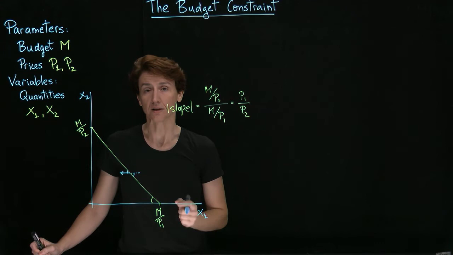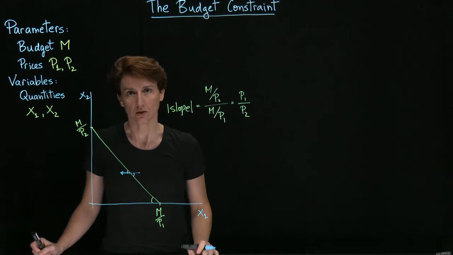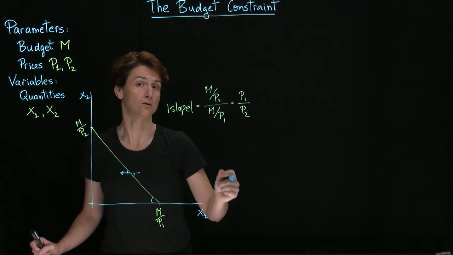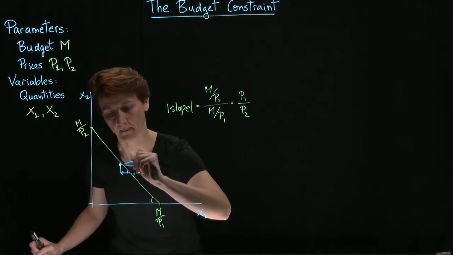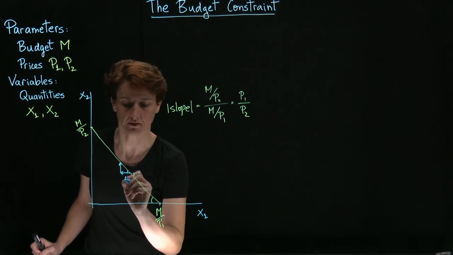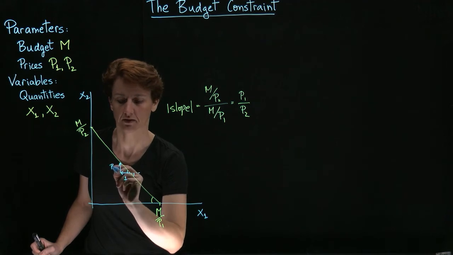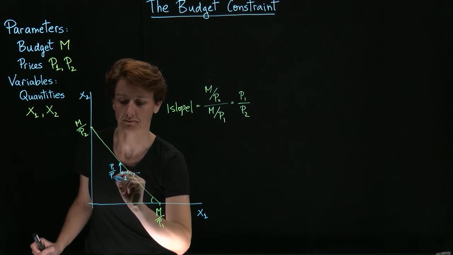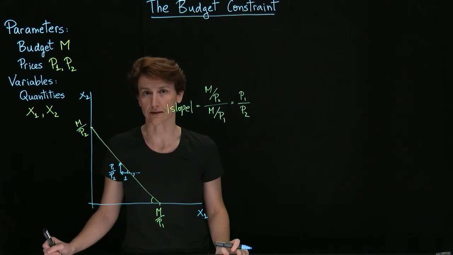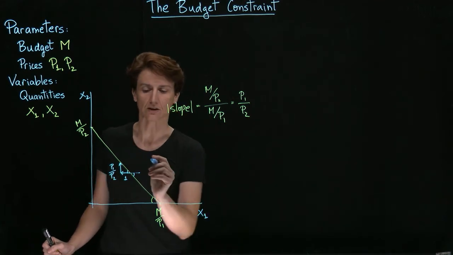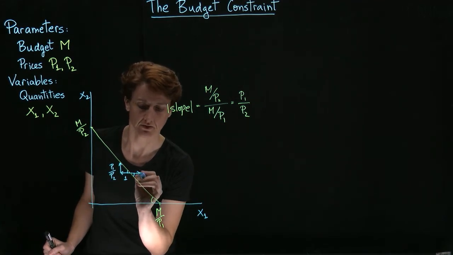Well, that frees up P1 dollars. With P1 dollars, you can purchase P1 over P2 units of good 2. So if this is 1, this will be P1 over P2. So it's the number of units of good 2 you can buy if you buy one less unit of good 1.